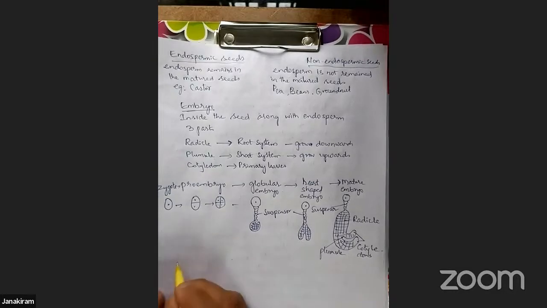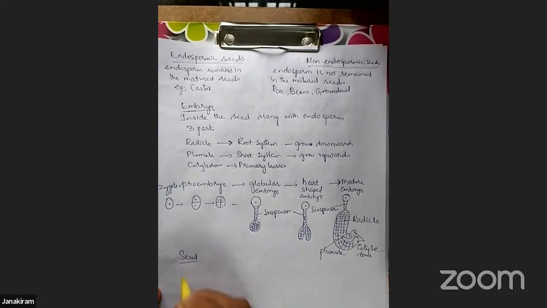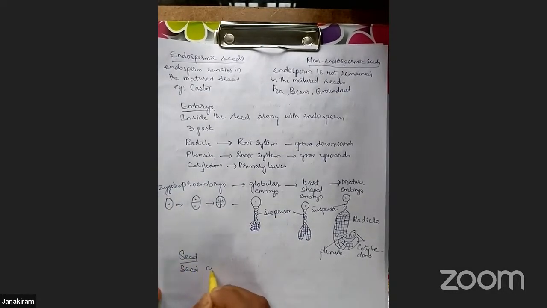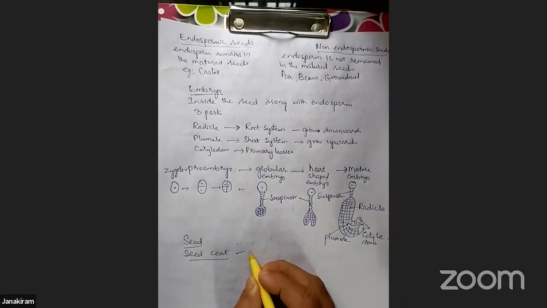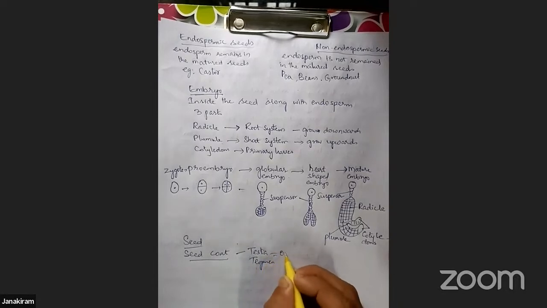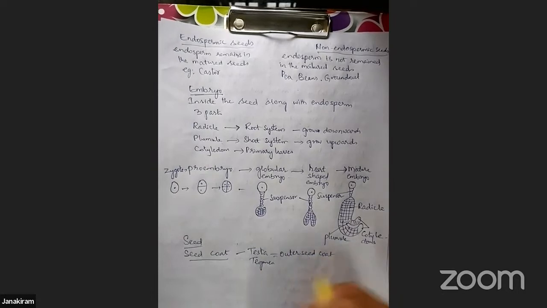And generally, every seed will have a seed coat. The seed coat may be either 1 layer or 2 layered, so testa and tegmen are present. Testa is the outer seed coat, and tegmen is the inner seed coat.